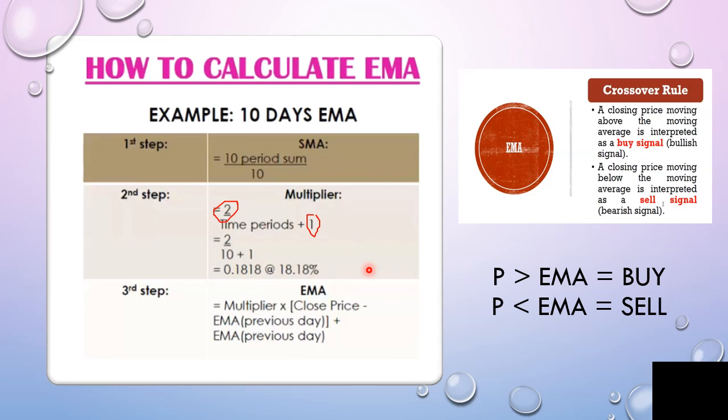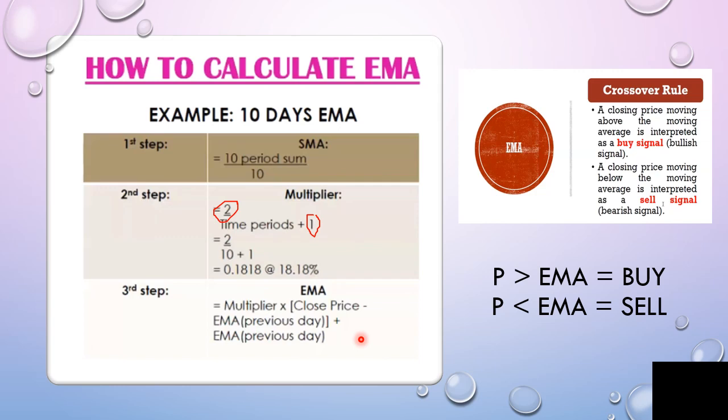The third step is you calculate the EMA. You take the multiplier here, 18.18%, times closing price minus EMA for previous day, plus EMA for previous day. You don't have to worry because you will not calculate it manually.